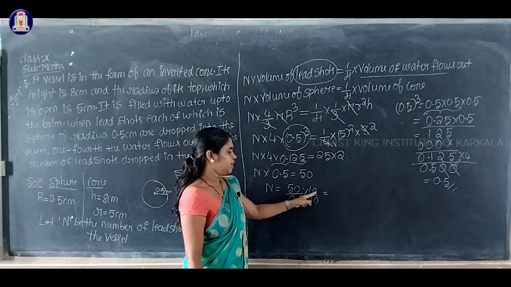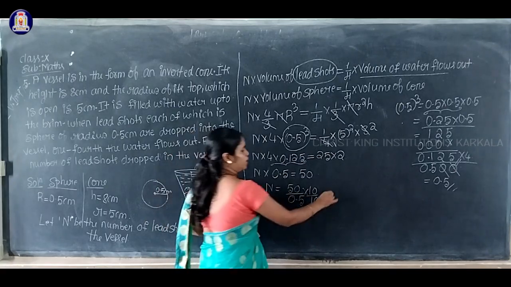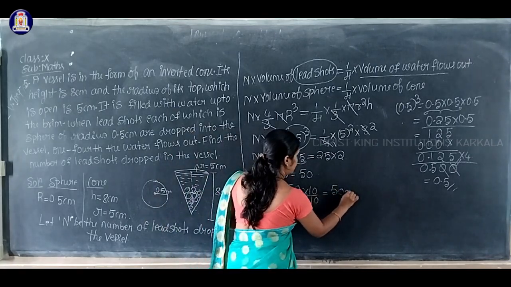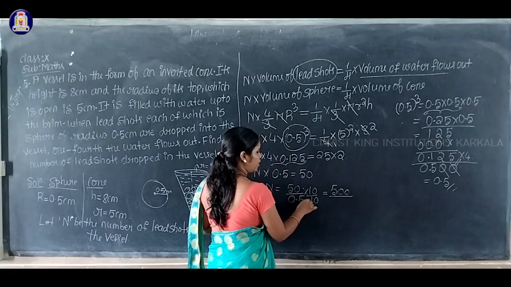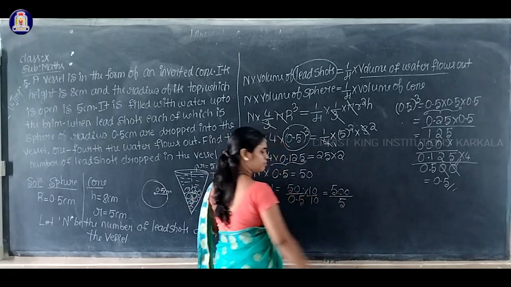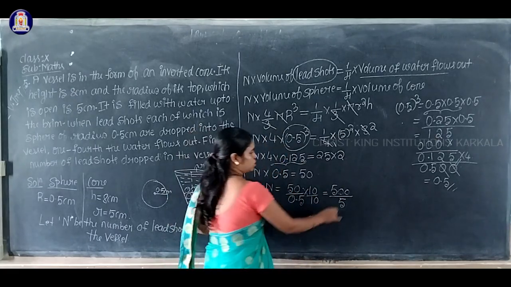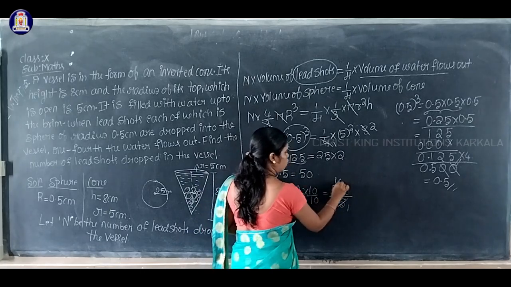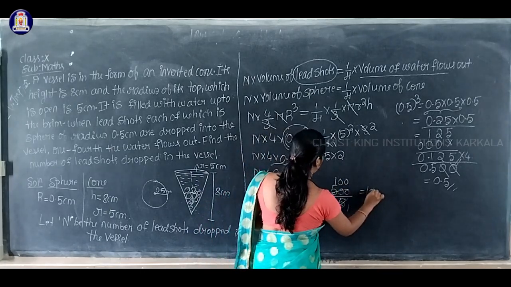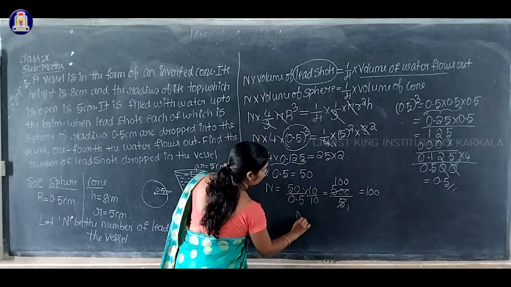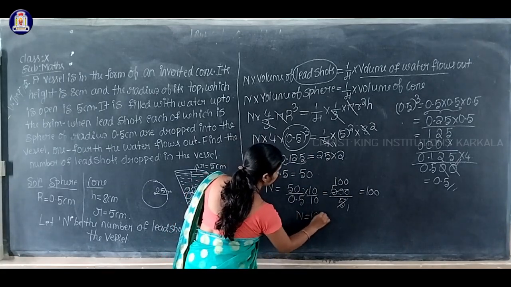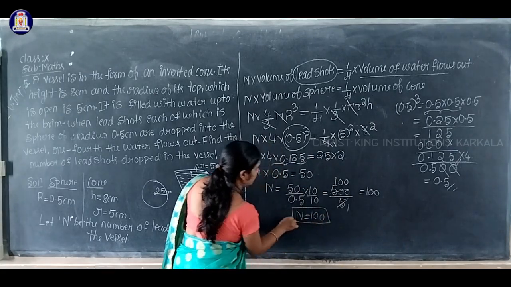Okay, so 50 into 10 how much? 500. So 500 by 0.5 into 10 is nothing but 5, right? Okay, so 5 ones are 5, 5 how much are 500? 100s are 500, so therefore what is the n value? N value is given by 100.